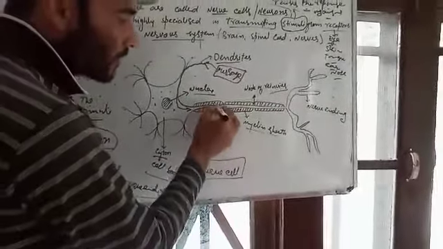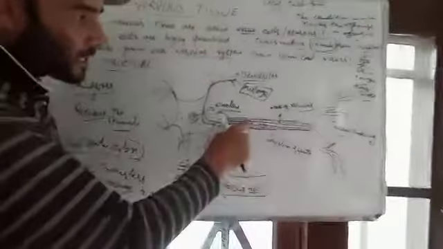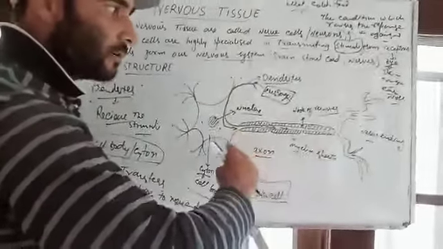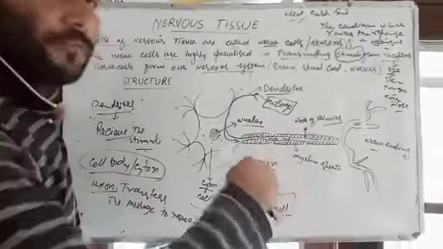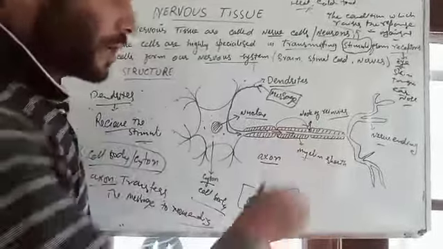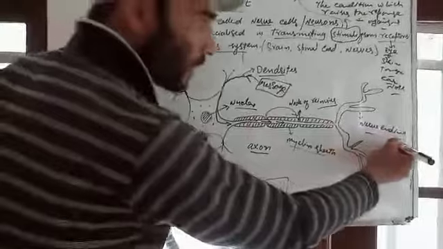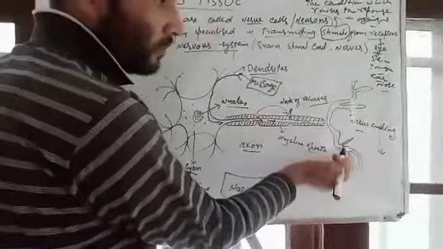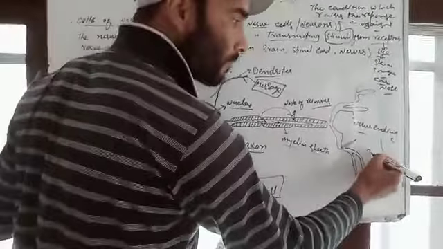The axon transfers the message to the nerve ending. There are some points known as nodes of Ranvier. The message gets transferred through the axon very fast by jumping from node to node. Then the nerve ending. What is the function of the nerve ending?